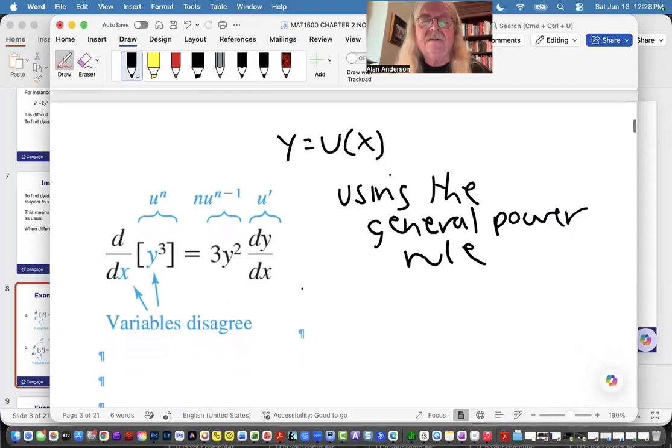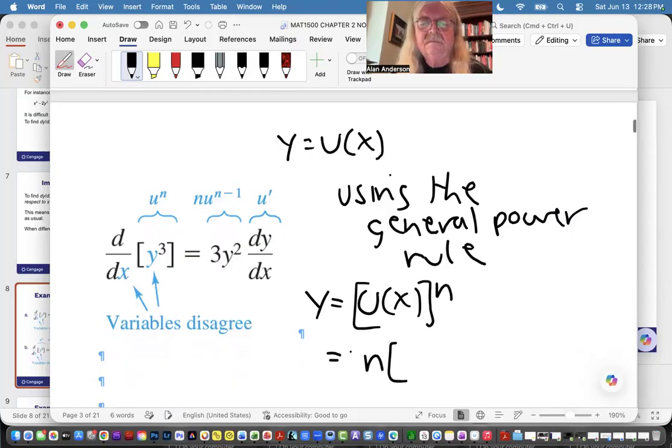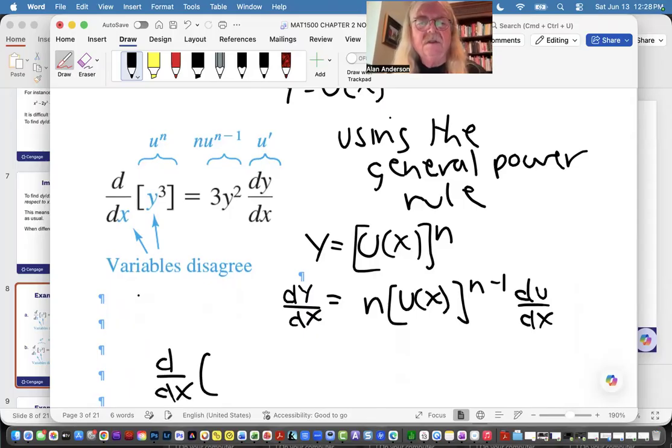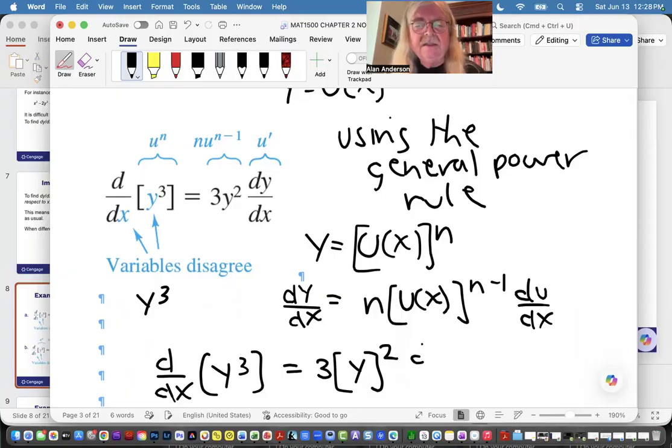if you have something like this, that's true, but because it's y in this case, in other words, y cubed is that function, we're going to have 3y to the second and then dy dx.